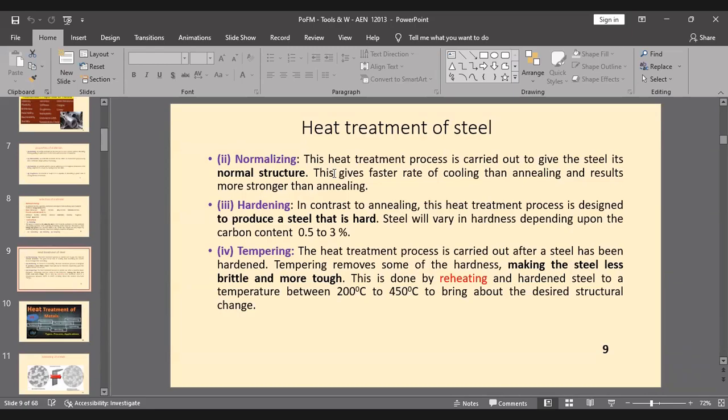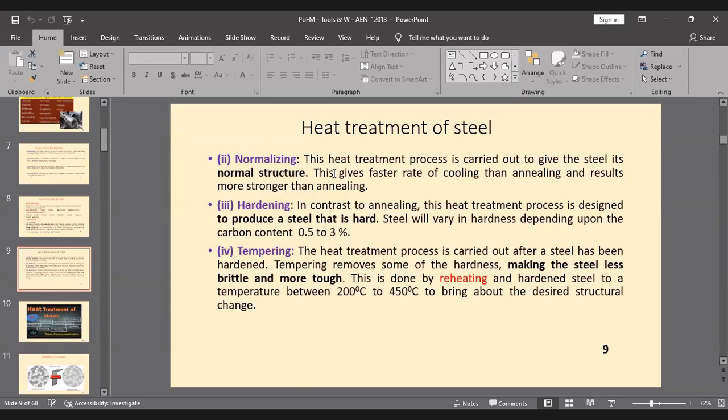In contrast to annealing, this heat treatment process is designed to produce a steel that is hard. That is hardening. Steel will vary in hardness depending upon the carbon content, 0.25 to 3%.